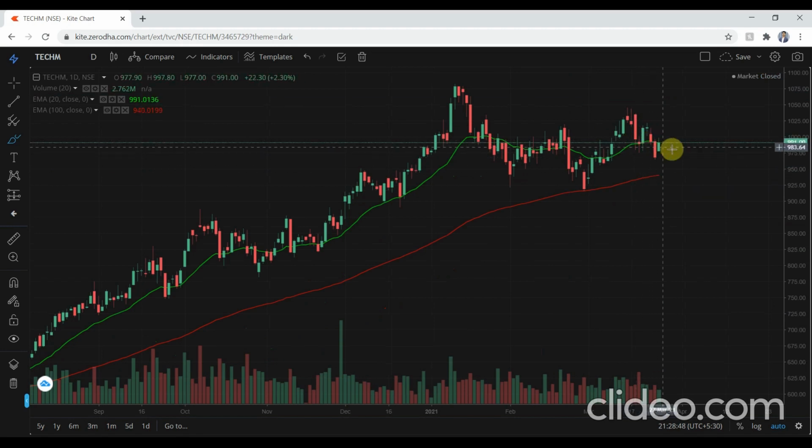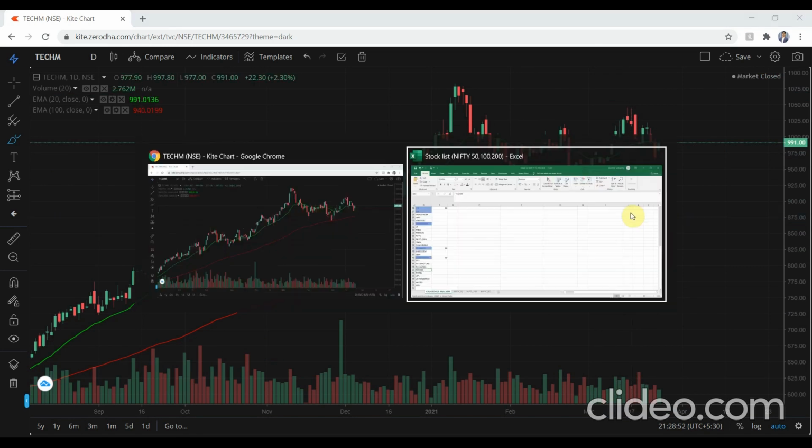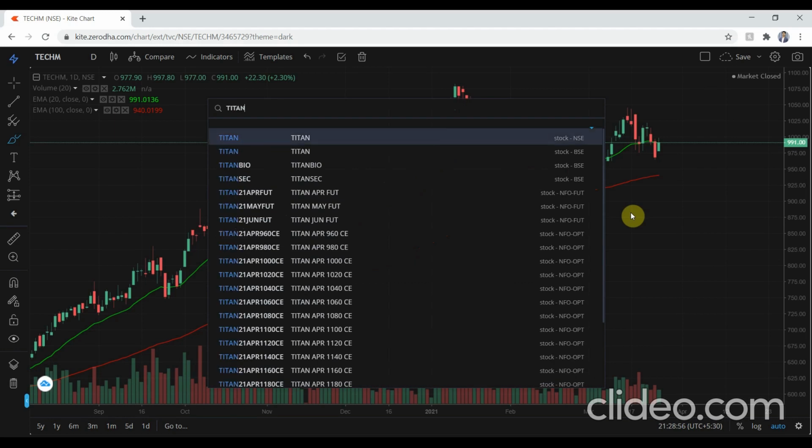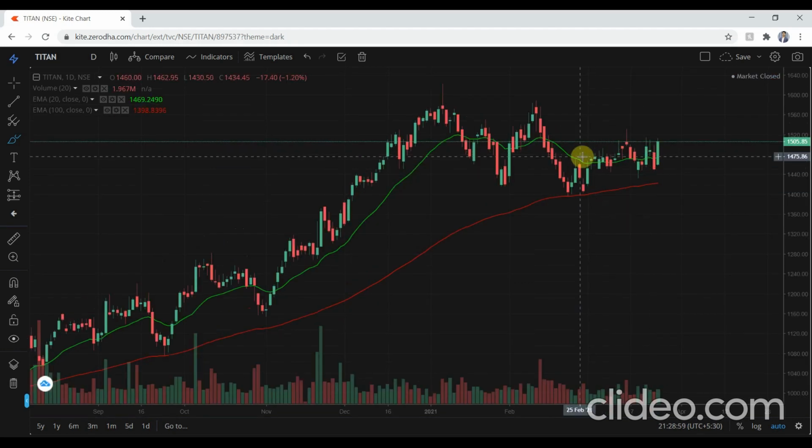It's not showing a clear-cut sign. The 20 EMA is flat, so I'll leave it. Next is Titan. Again, it's flat, it could go anywhere. So it might bounce up or it might come down.